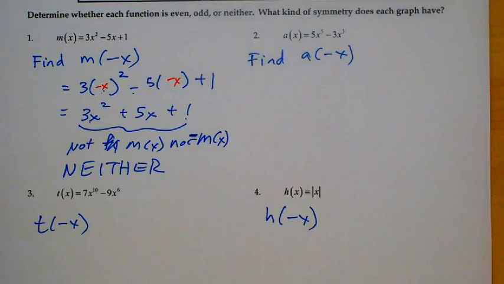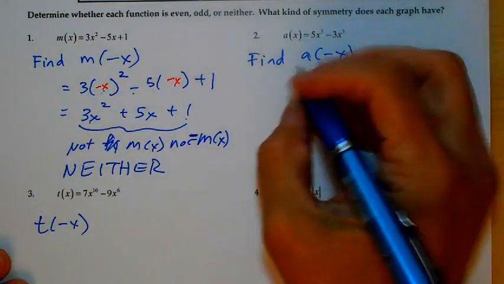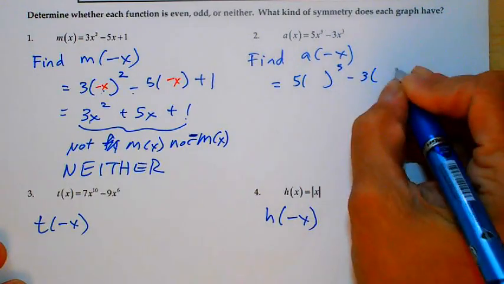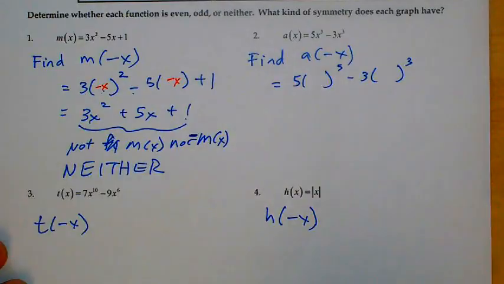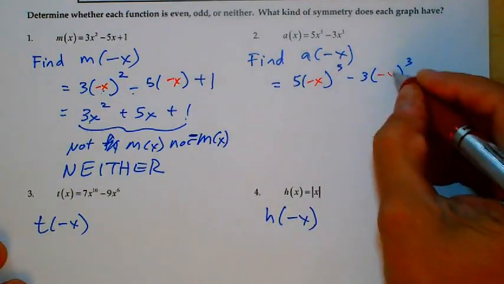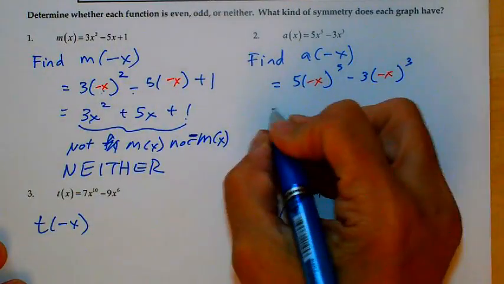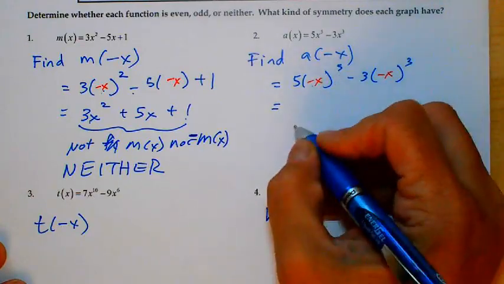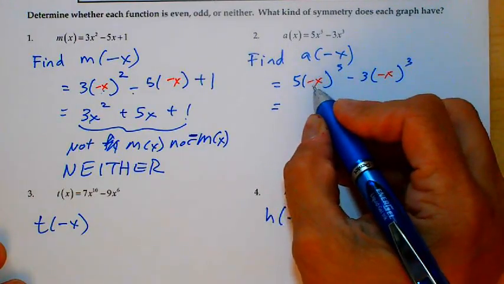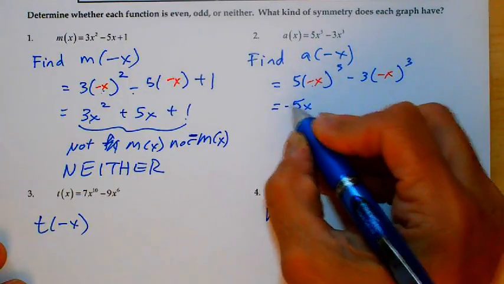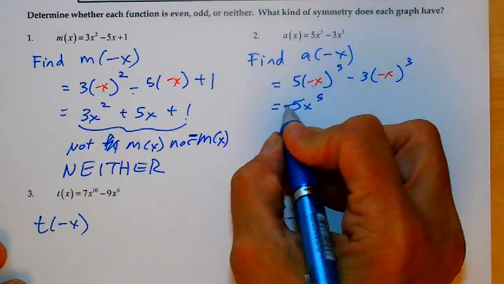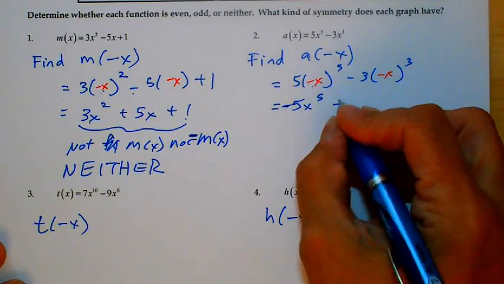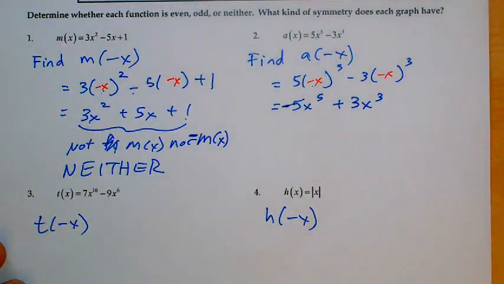All right, let's try number 2 here. Get that template set up and input the same thing each time. And if we do that, let's see, order of operations again, negative x to the 5th power, multiplied by 5, gives me negative 5x to the 5th. And negative x cubed is negative x cubed, times negative 3 is positive 3x cubed. Okay, well, let's compare.